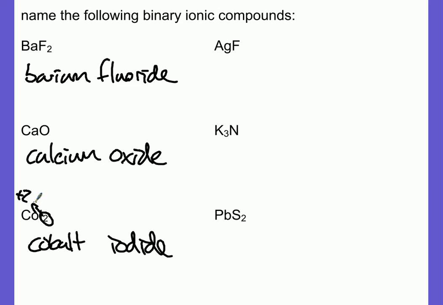Now you have to be careful when you do that, because that would only be appropriate if I can move this understood 1 up here and make that -1 charge correct for iodine. Because remember, some things get reduced every once in a while. But in this case, iodide does have that -1 charge, so this is cobalt 2. I don't have to worry about unreducing this one, but sometimes you have to be careful.